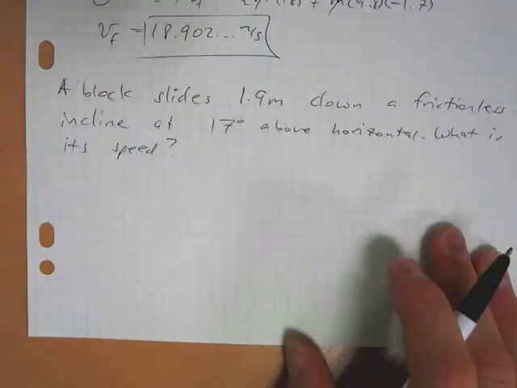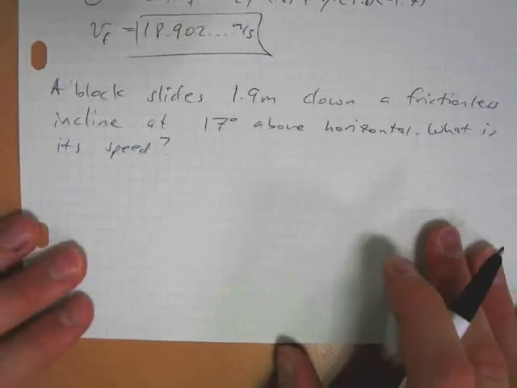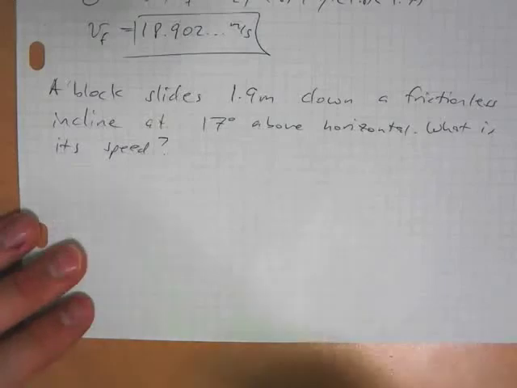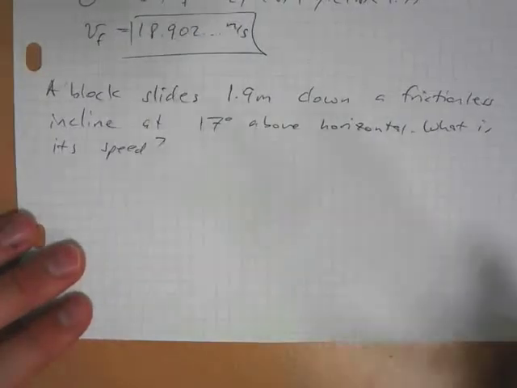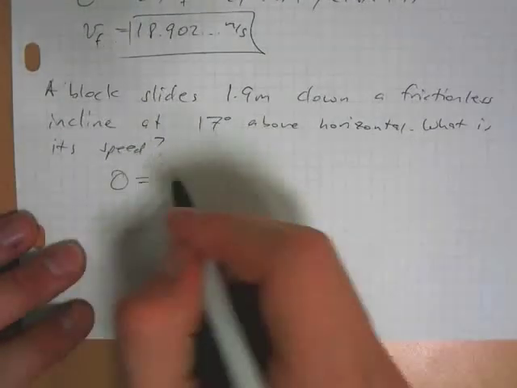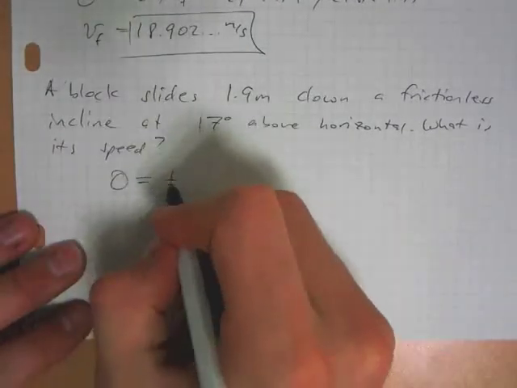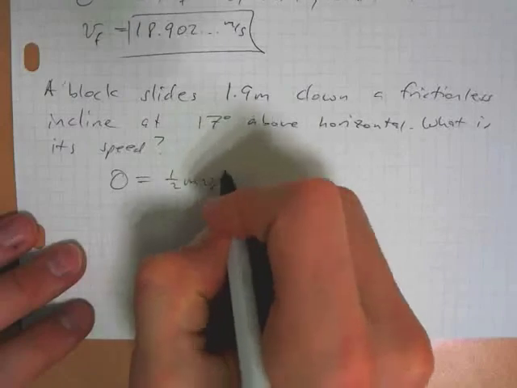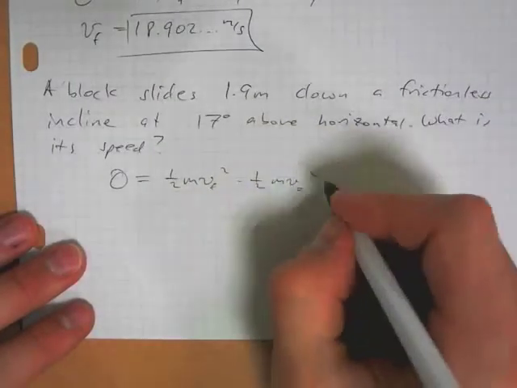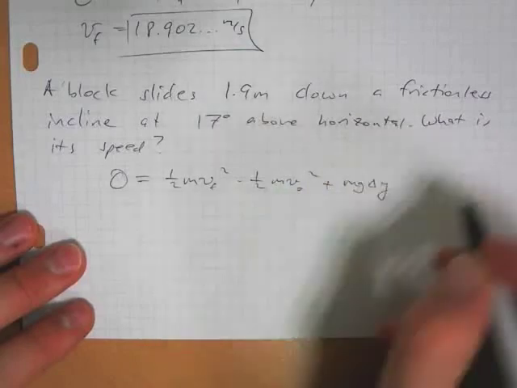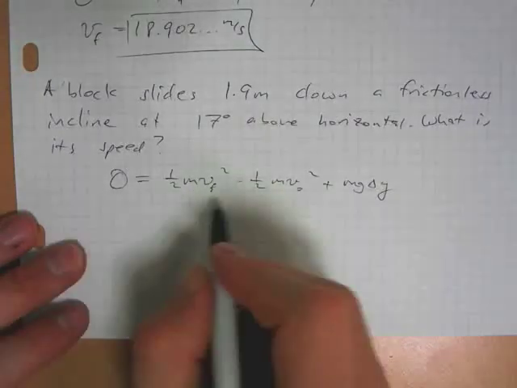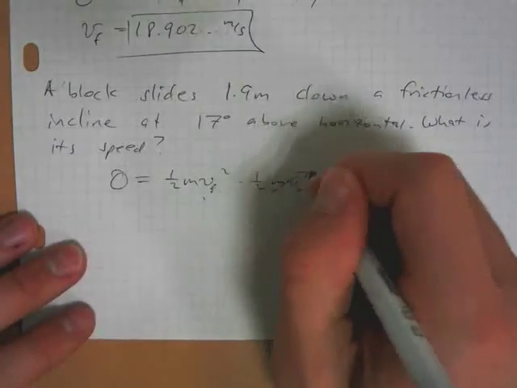Again, we could write out Newton's second law, find the forces to figure out the acceleration of the block, and then plug that into a kinematic equation. But with energy, this is much easier. There's no work being done by non-conservative forces, and we've got 1/2 m v final squared minus 1/2 m v naught squared plus m g delta y. V final is what we're trying to find, and v naught is 0.